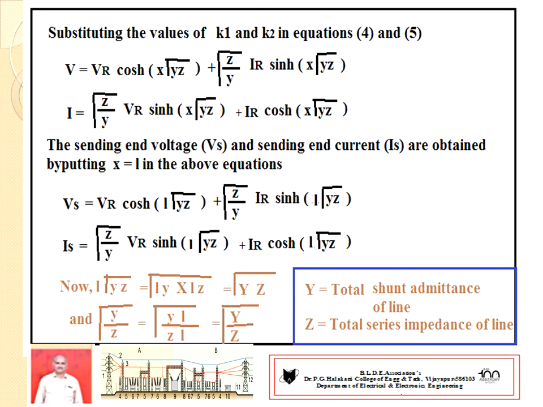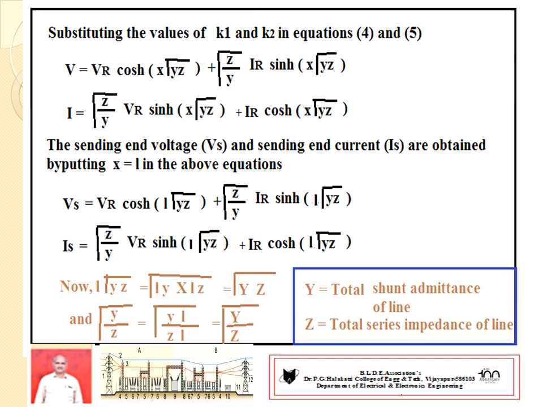Here we have to note that small z and small y are series impedance and shunt admittance per unit length. Now L into square root of yz may be written with L into y and L into z.